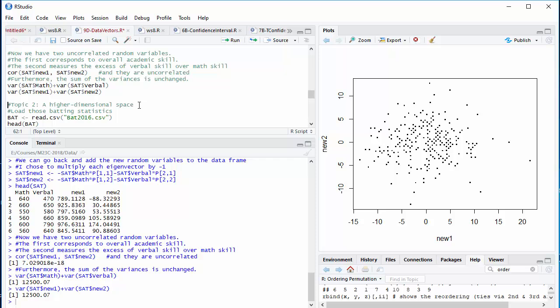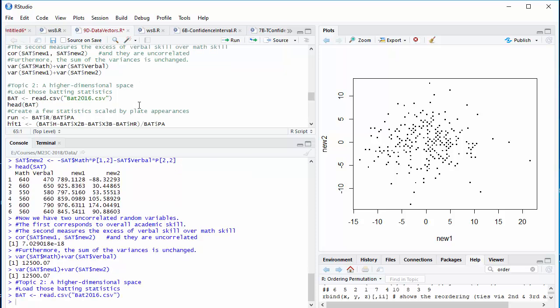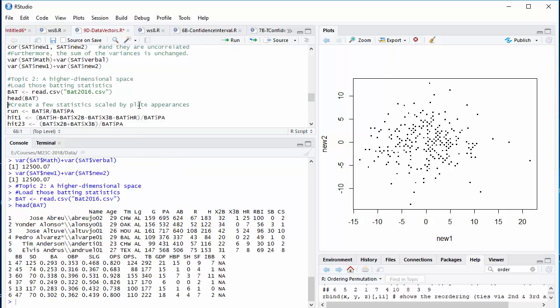But just as a tease, I'm going to do this in a 6-dimensional space. We have a data file with some batting statistics from Major League Baseball in 2016. It's got all sorts of data about all sorts of players.